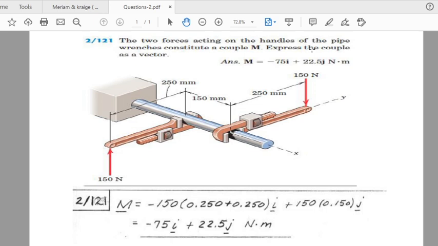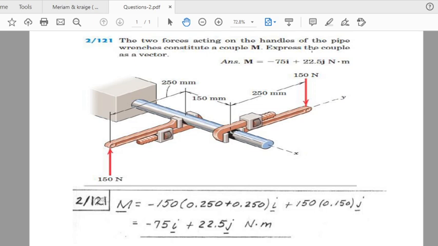So the difference of coordinates will give us plus 150i and plus 500j. The z coordinate is 0 for both points, so the z coordinate will be 0. So the position vector directed from the upward force towards the downward force is going to be 150i plus 500j.